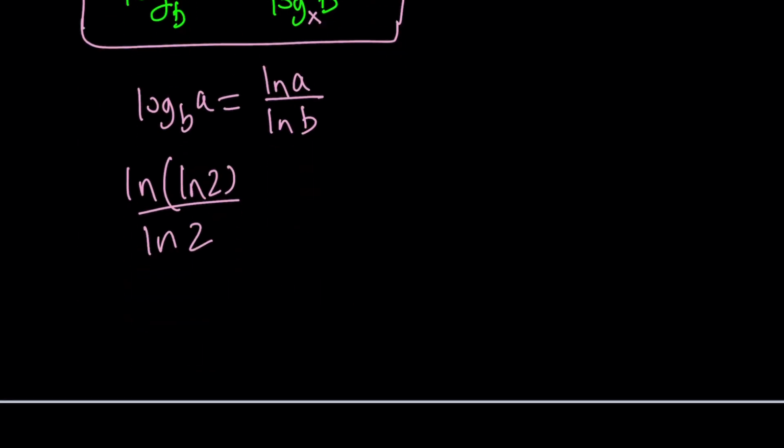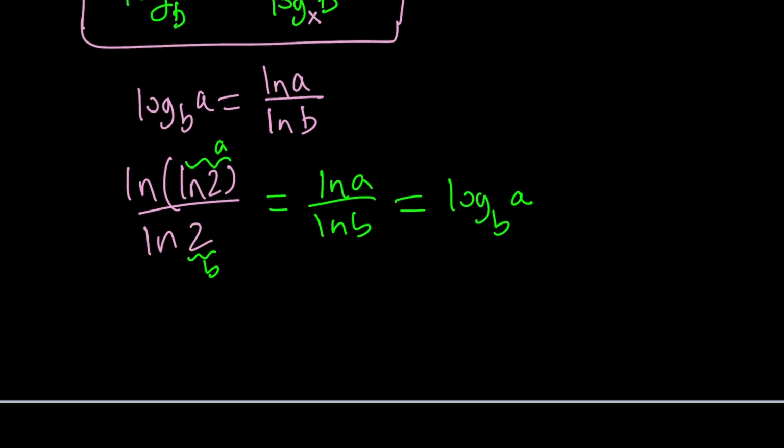If you take this to be a and this to be b, this would be ln a over ln b, which is log with base b of a. Make sense? And what is that? It is log base 2 of a, which is ln 2.